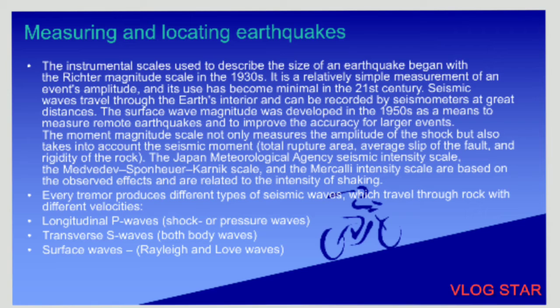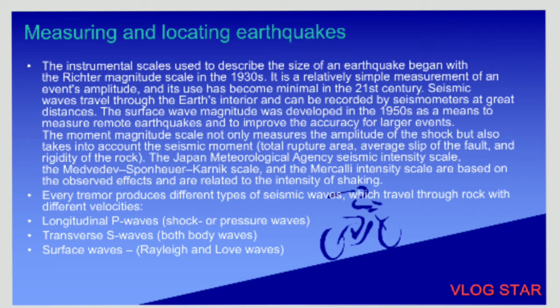The surface wave magnitude scale was developed in 1950 to improve reporting of earthquakes and improves the aims further for large events. The moment magnitude scale not only measures the shock but also takes into account the amount of fault movement.